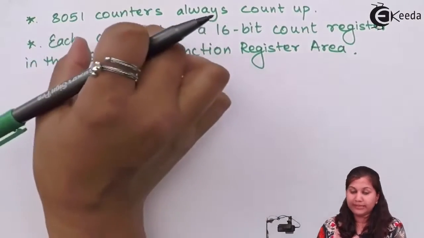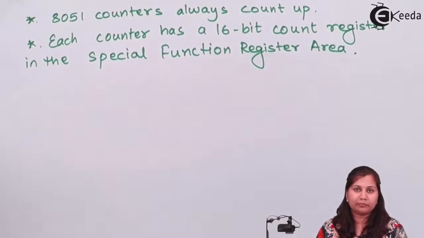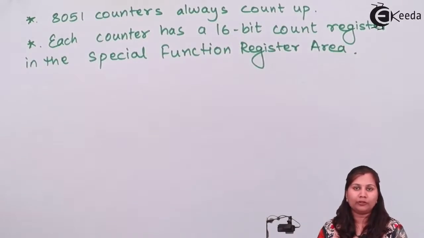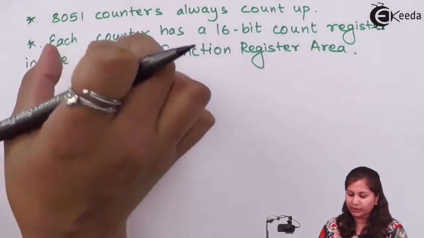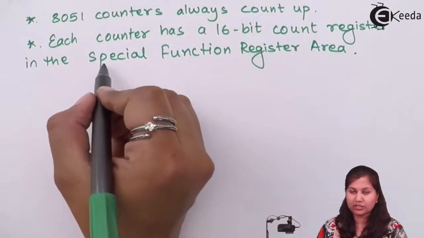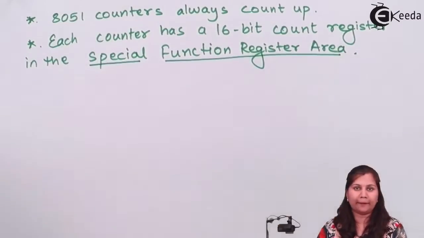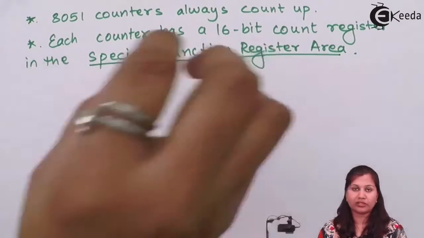So these counters, because they are 16-bit counters, each counter can load a value of 16 bits. Okay, and each counter is having a special register, a count register in the special function register area. In 8051, we have some space reserved for the special function registers.